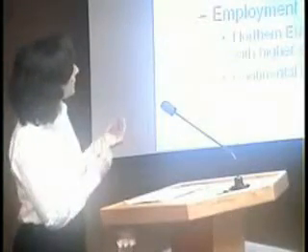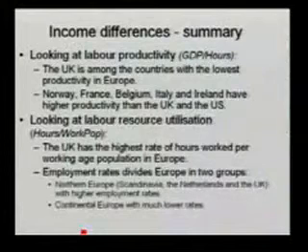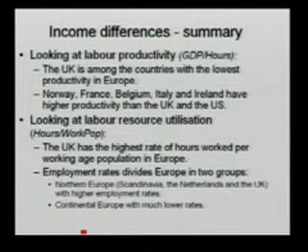So here is briefly the summary of what we have seen. We've looked at labor productivity, and the UK is among the countries with the lowest productivity in Europe, while Norway, France, Belgium, Italy, and Ireland have higher productivity than the UK and also the US. Looking at labor resource utilization, the total number of hours worked, we can say the UK is the highest if we look at hours over working population.